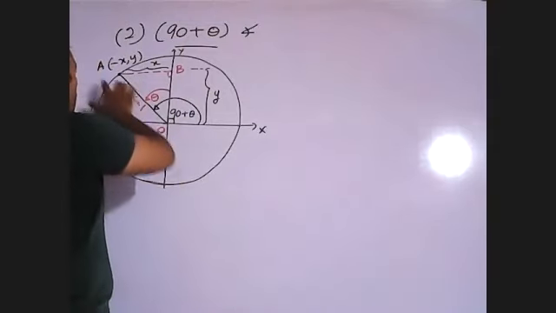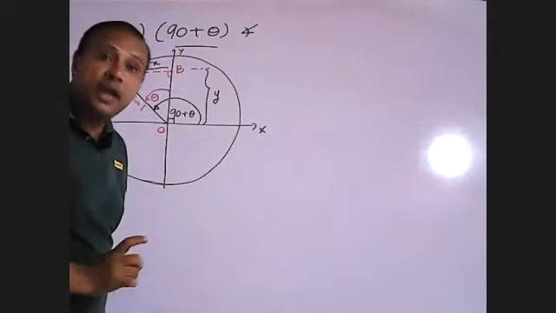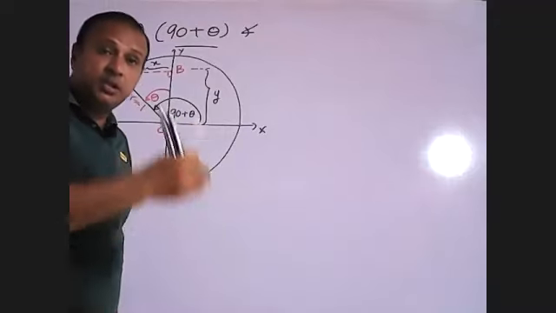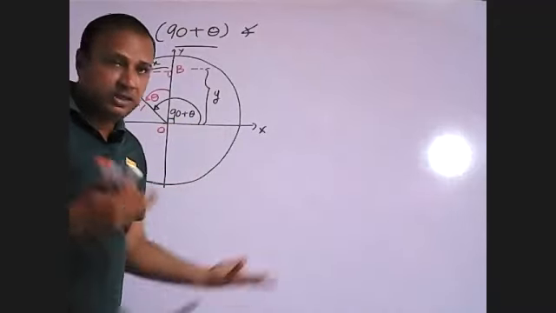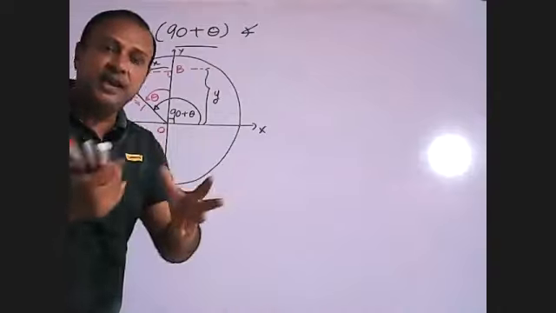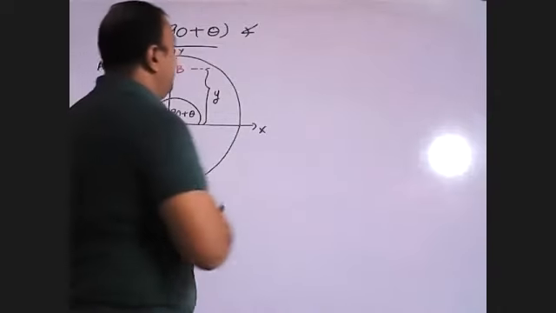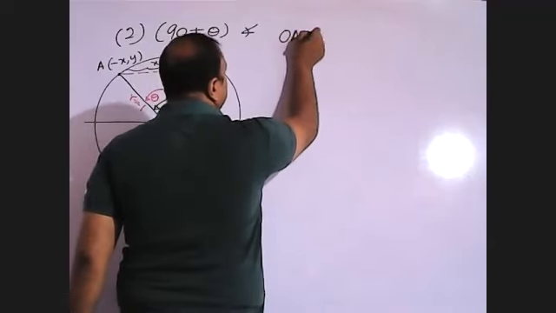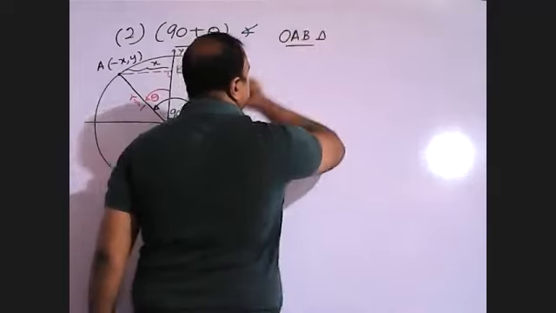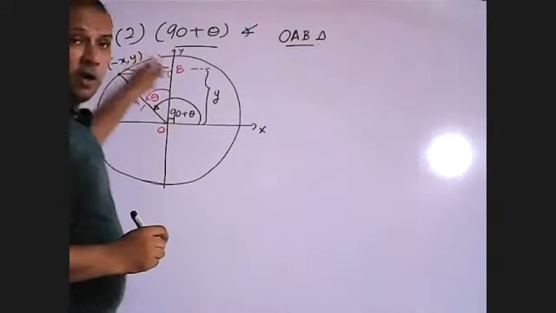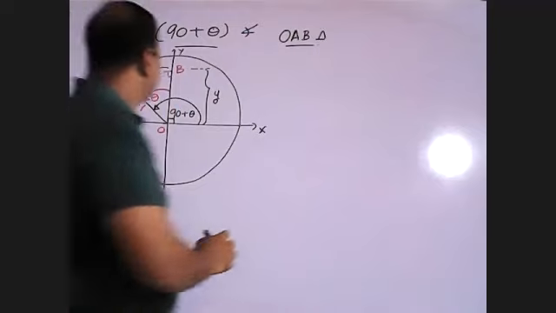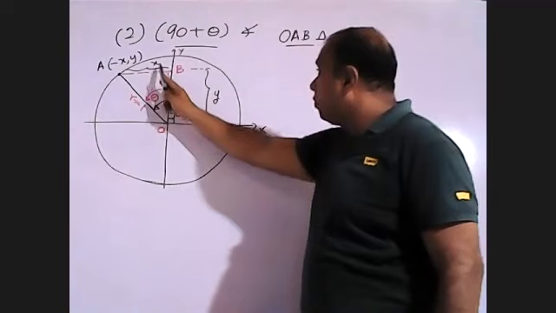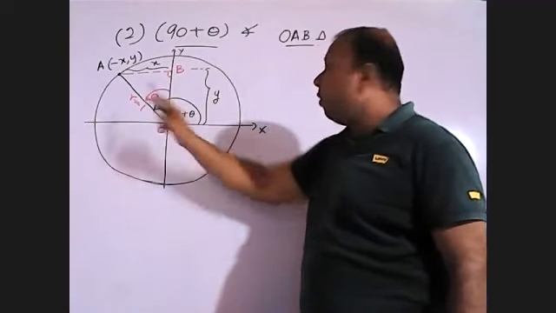Therefore, now you have the OAB triangle. Using the OAB triangle, you can write expressions for sine theta, cos theta, and tan theta using the triangle method. According to the OAB triangle, sin theta is equal to the opposite side over hypotenuse.